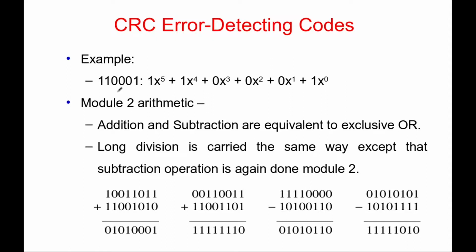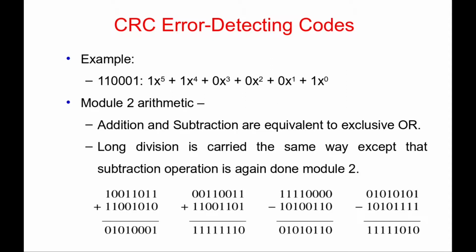Now, in this CRC, this is done with modulo 2 arithmetic. What is modulo 2 arithmetic? The arithmetic operations like addition and subtraction are done in modulo 2 fashion, which is very much equivalent to what we would do in an XOR operation, exclusive OR.